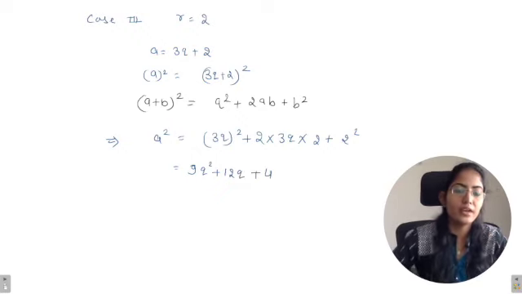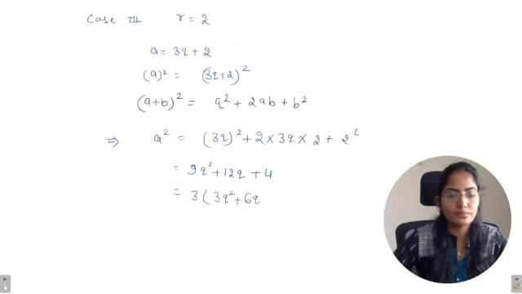Clear? So again I will write in this form. I am taking 3 as a common. It will become 3q square plus 6q, and this will be again 4. So guys, here we can say, if we take 4 as 3 plus 1, I can take 3 as a common again.